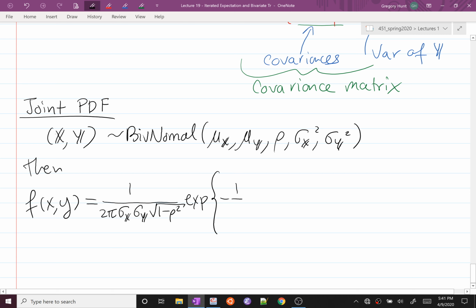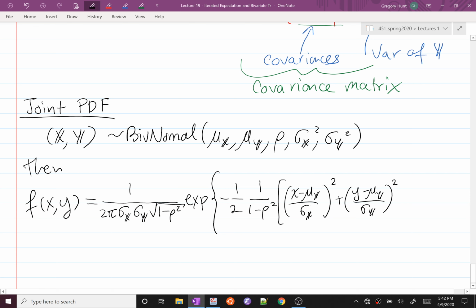Negative 1/2 times 1 over 1 minus rho squared, multiplied by x minus mu x over sigma x, quantity squared, plus y minus mu y over sigma y, quantity squared, minus 2 rho times x minus mu x over sigma x.